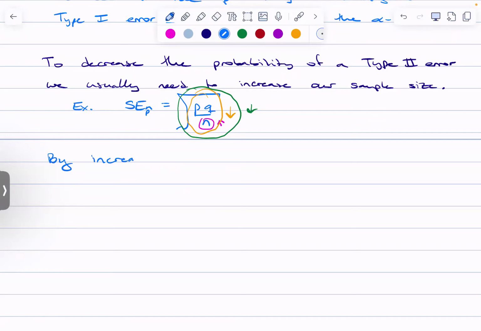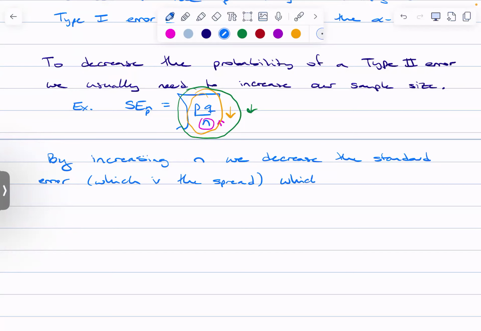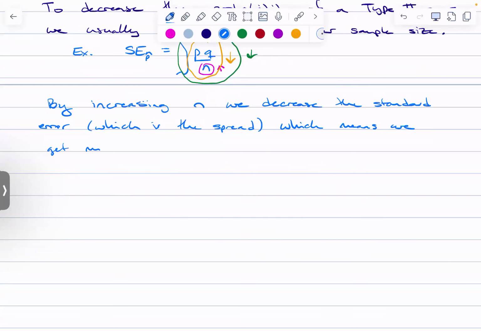By increasing n, we decrease the standard error, which is the spread, which means we get more precise point estimates.